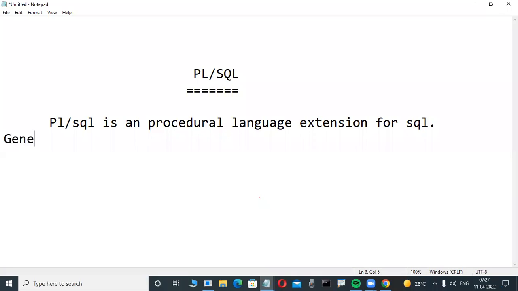Generally, SQL is a non-procedural language.